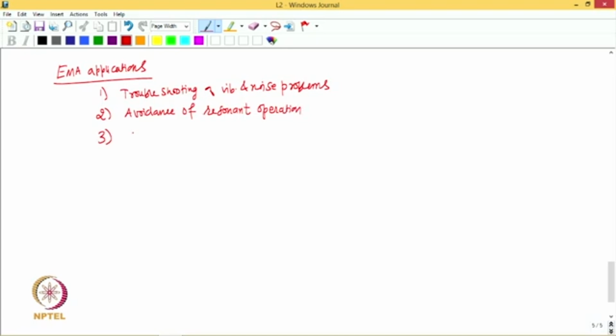It can be used for model validation, for model updating, and also for response simulation.